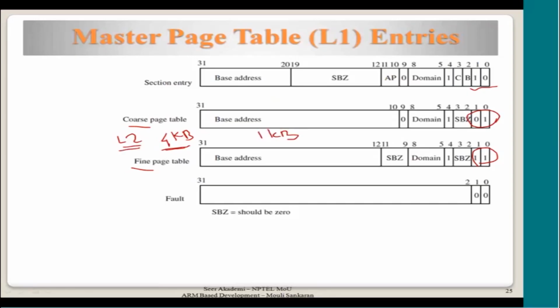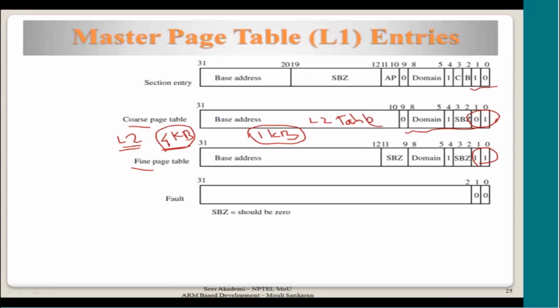It is 1 KB, correct? We saw that. If the individual page size is increased, then the table size will come down. So it is 1 KB size, mapped onto some location on a 1 KB boundary. So actually these entries give where the L2 table resides. It is the starting address of the L2 table.